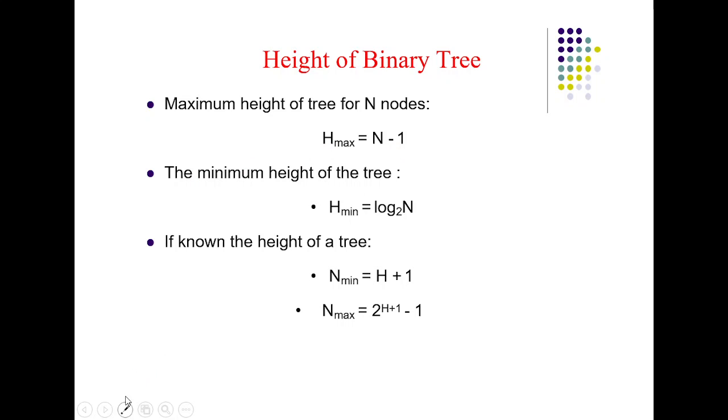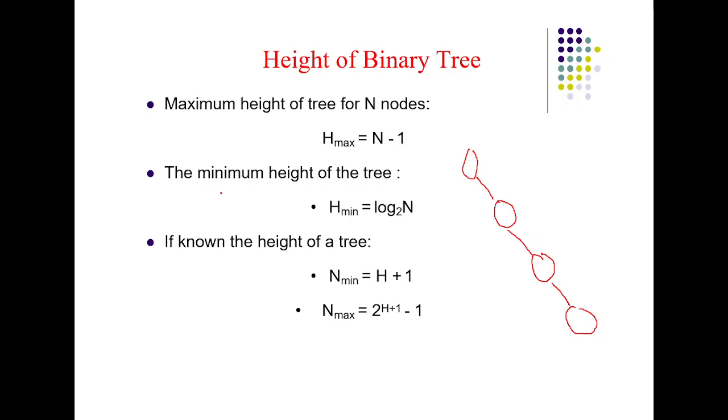In that case, the tree will look in this way, like it can be left heavy, like in this way, because here we have 4 nodes, you can see that, but the height is 3. This is the maximum height that we can see with this number of nodes.